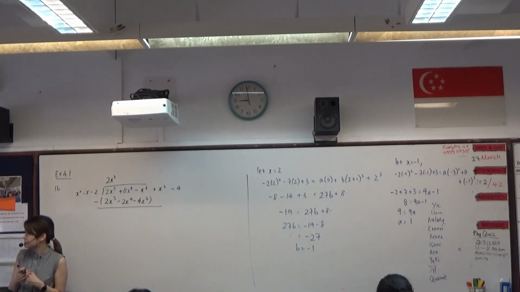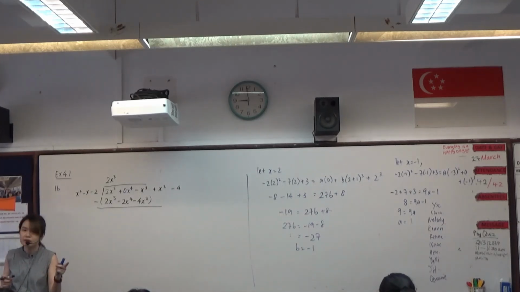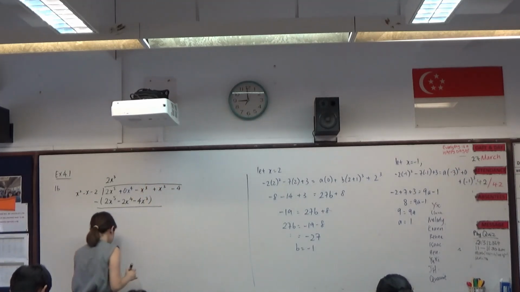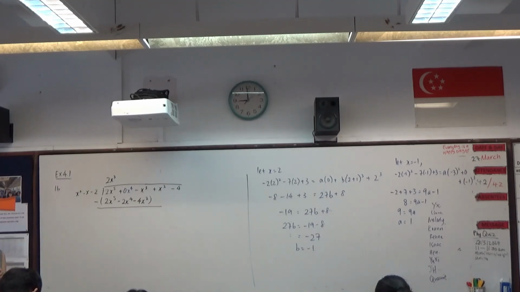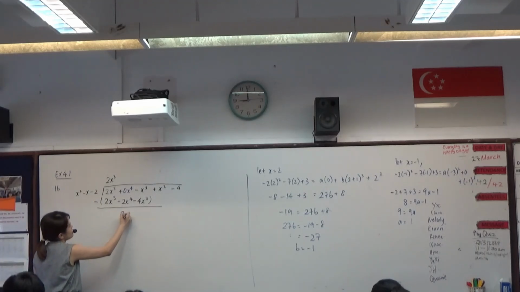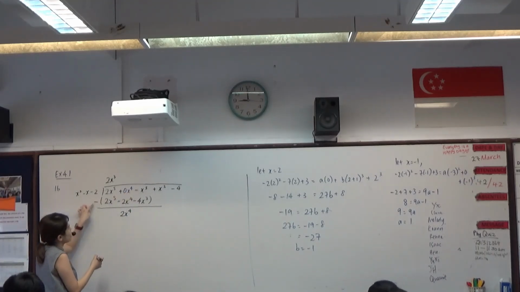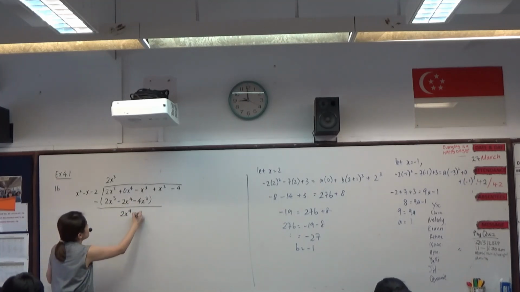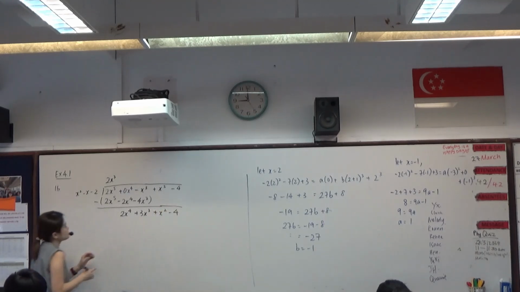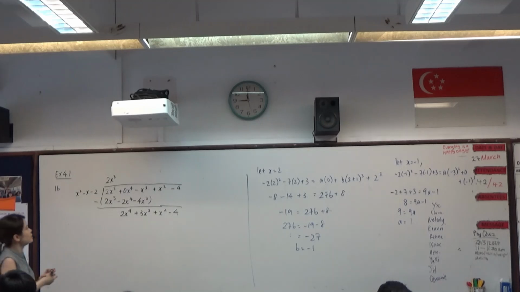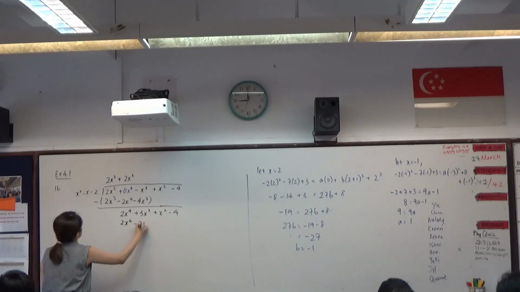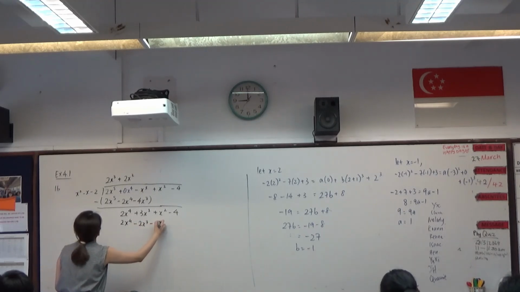Next, we will plus 2x squared, minus away 2x cubed, minus away 4x squared.